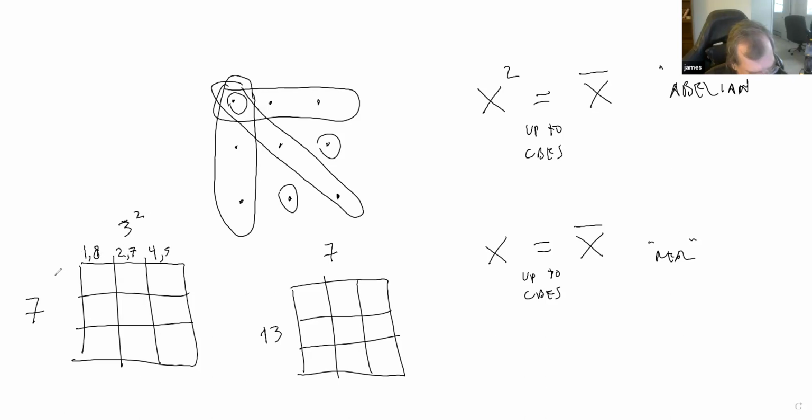And I think mod 7 would be 1, 3, 9, but 9 is 2, and then 2 times 3 is 6. Yeah, that's 6, and then 4 and 5 or something like that.